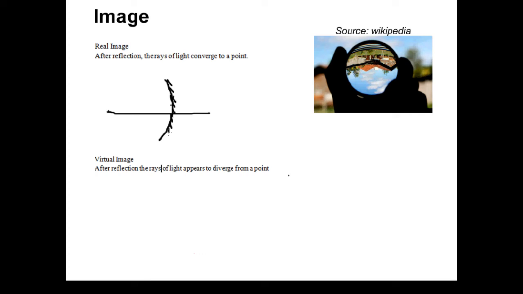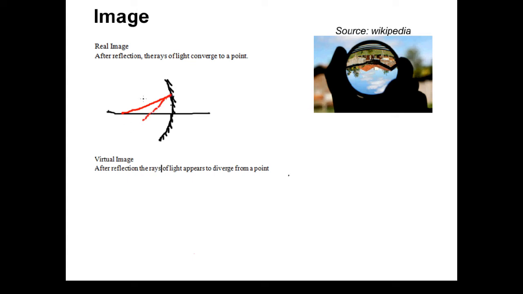This is a concave spherical mirror, and I will consider one point object out here somewhere on the principal axis. It does not necessarily have to be at the center of curvature or radius. Now a ray starting from here will be incident on the mirror. After reflection, it will follow somewhere here.